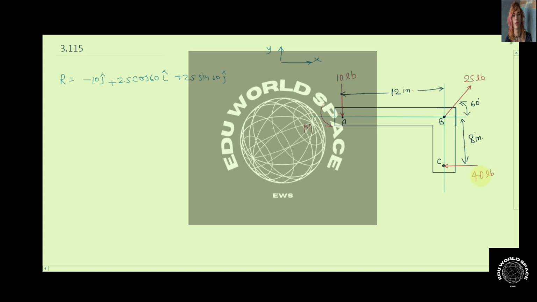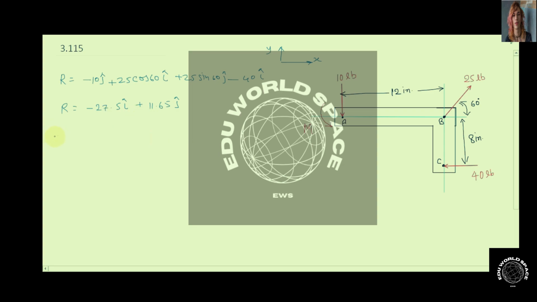This 40-pound force is in the negative x axis, so minus 40 i cap. If we collect the coefficients of i cap and j cap, it comes out to be minus 27.5 i cap plus 11.65 j cap. So now we have got the equivalent force that is acting on the system.